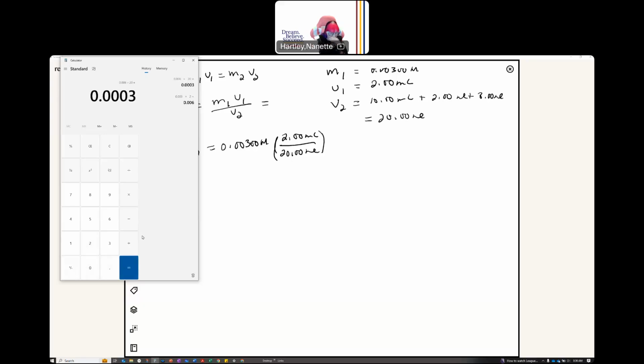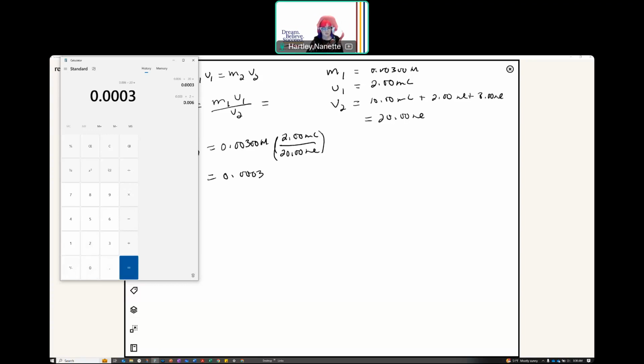And that gives me this number right here, equals 0.0003. Now, I look at that and I say, okay, how many sig figs should I have on this number? Well, let's think about this for a second. How many sig figs are in this number? That particular number right there has 4 sig figs.